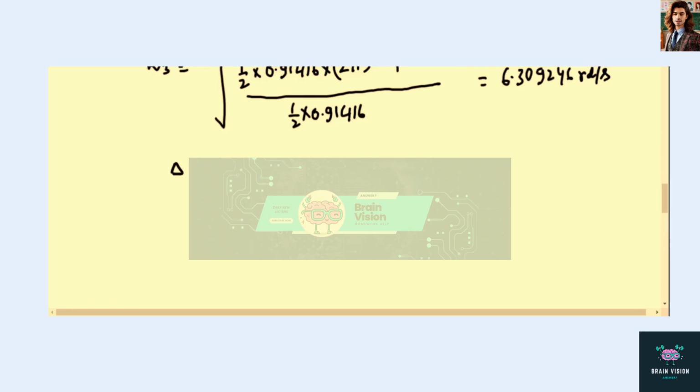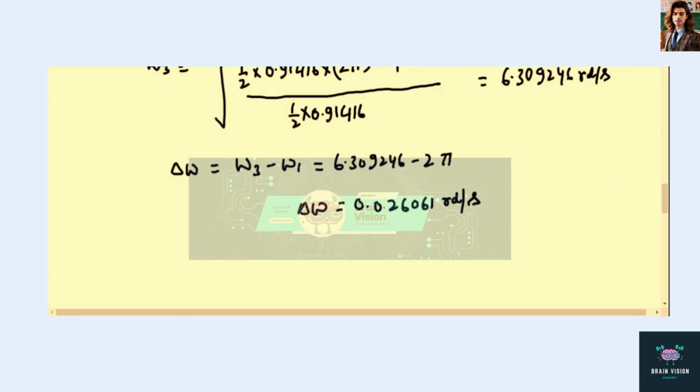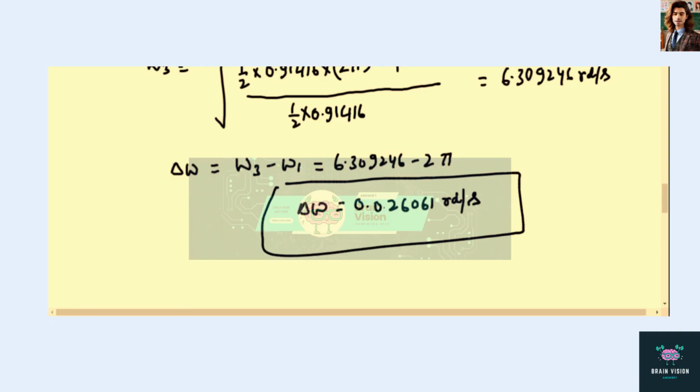So change in angular velocity, omega 3 minus omega 1, minus 2 pi. So it would be 0.026061 radian per second. That's all for it. Thanks for watching it.